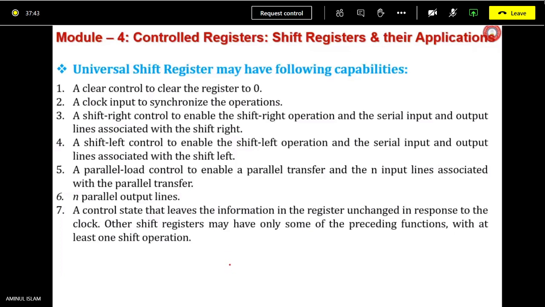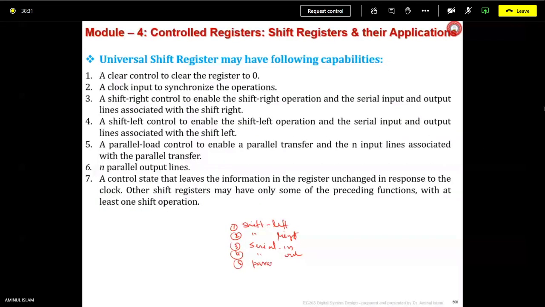It must have the capability of shift left, shift right, serial in, serial out, then it may have parallel in, parallel out. All these kinds of characteristics should be there.